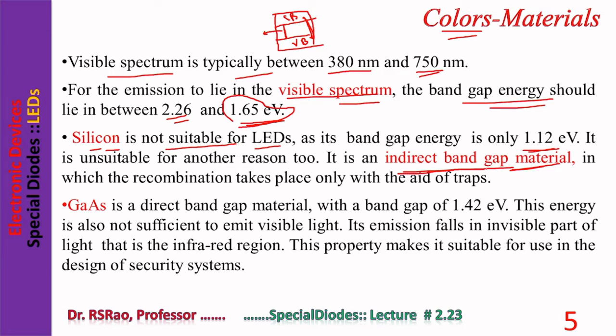In indirect band gap materials, what happens is the fall is not direct. The fall is stepwise. First, from conduction band, it falls to a level in the forbidden band gap, let us say here at this point, to an intermediate level, and energy is released. Naturally, the difference in the energy levels is small.